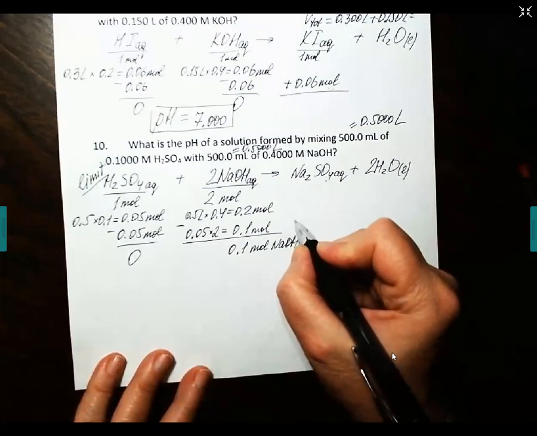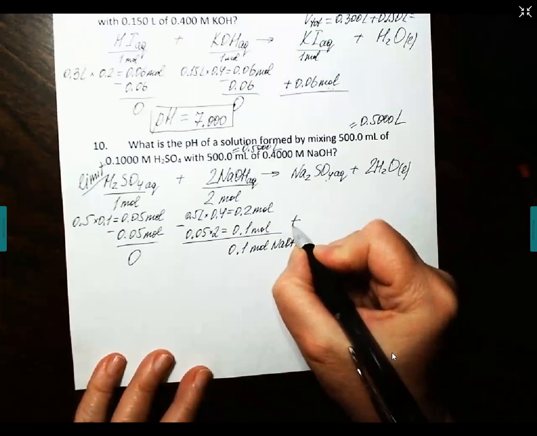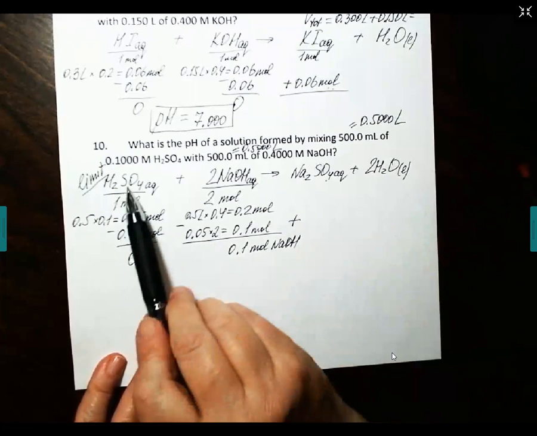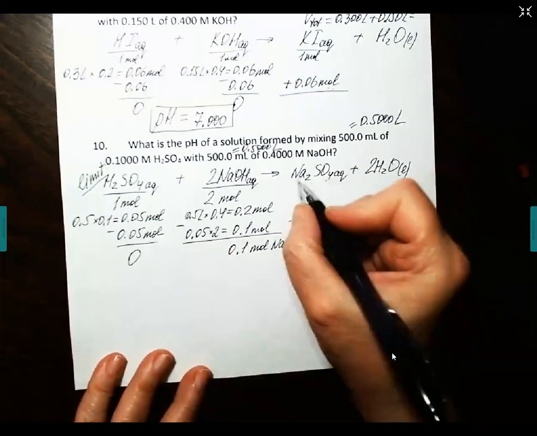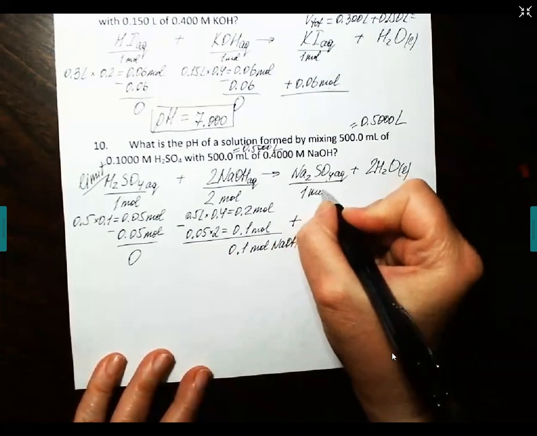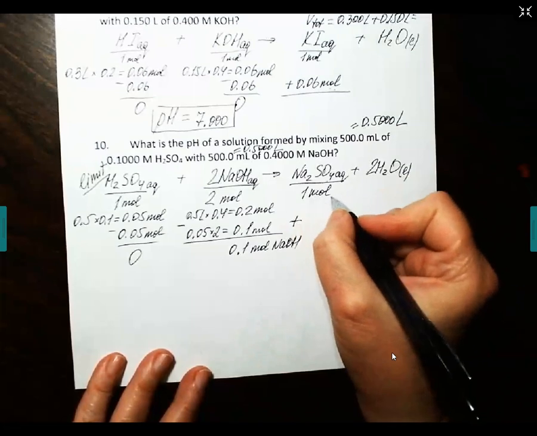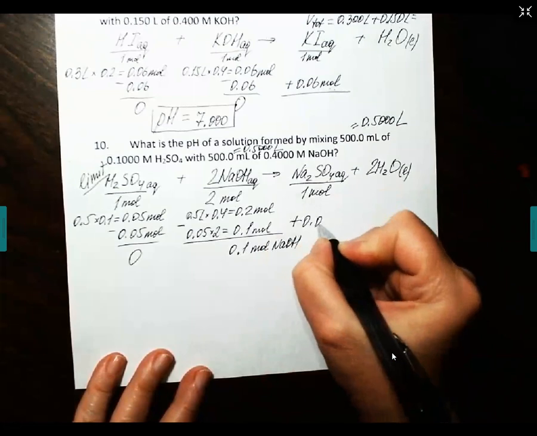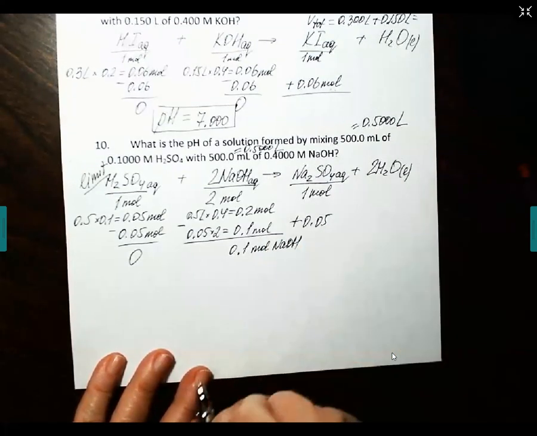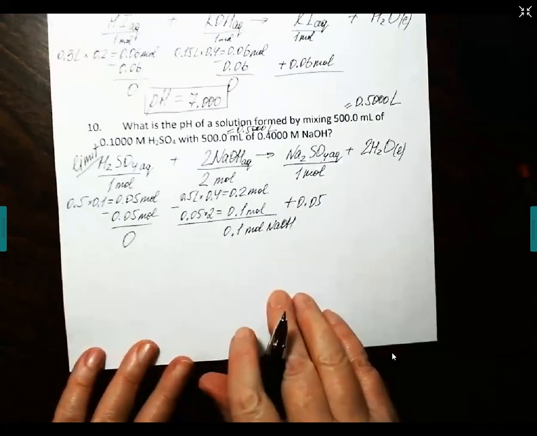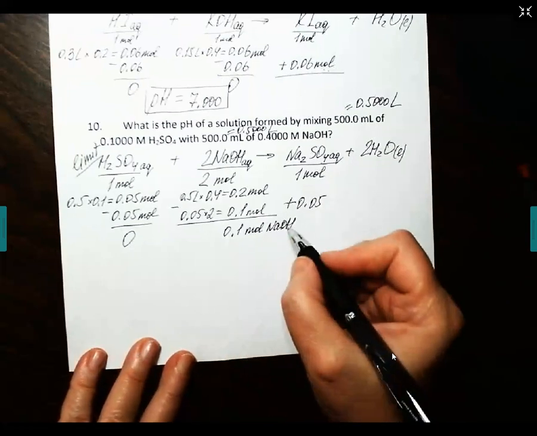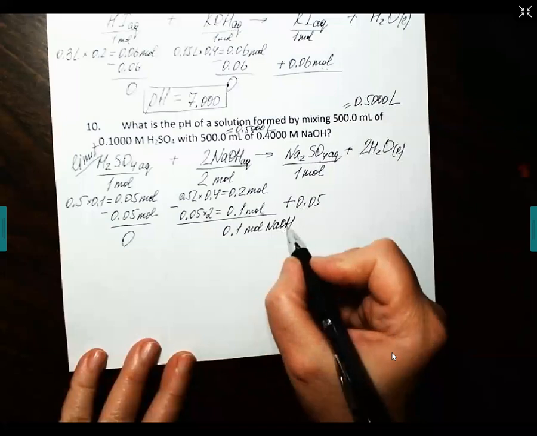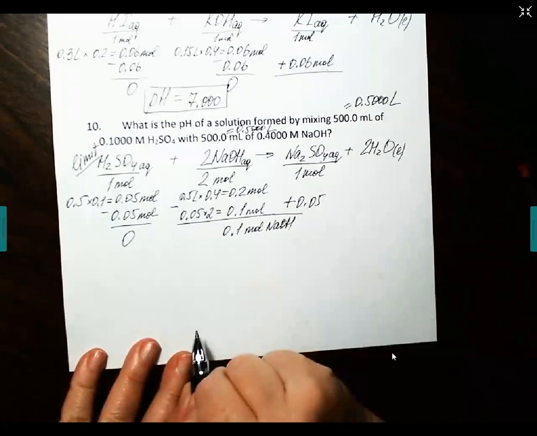And the amount of sodium sulfate which will be formed: 1 mole of sulfuric acid produces 1 mole of sodium sulfate, so 0.05 can produce 0.05 moles. But we are not interested in sodium sulfate, we are interested in pH.